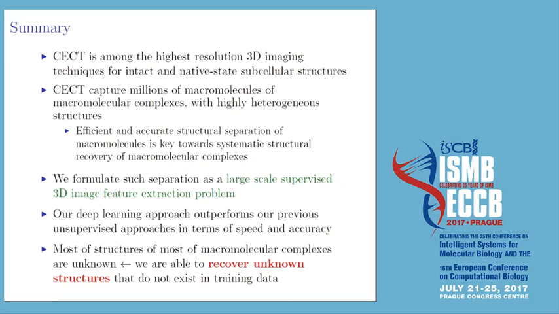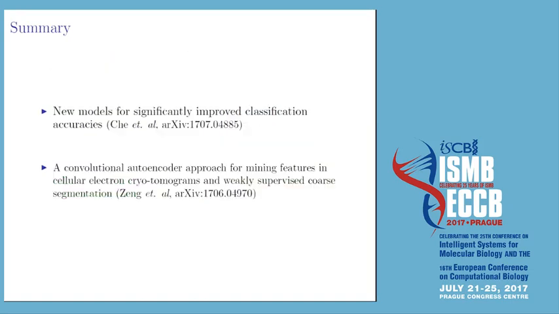As most of the structures of macromolecular complexes are known, we demonstrate that in principle, we are able to recover unknown structures that do not exist in training data. Therefore, our supervised approach in combination with unsupervised approach is able to recover unknown structures. We also have some new progress.